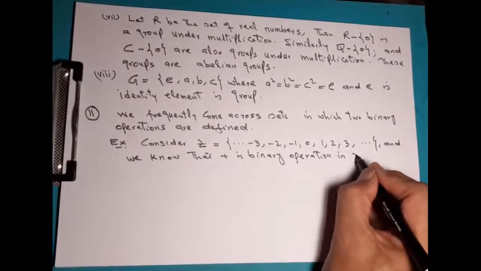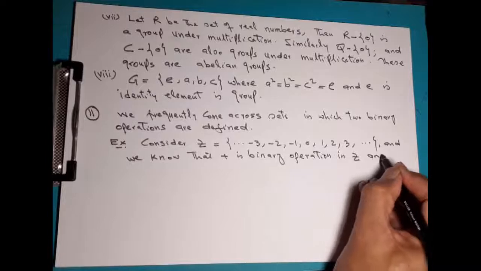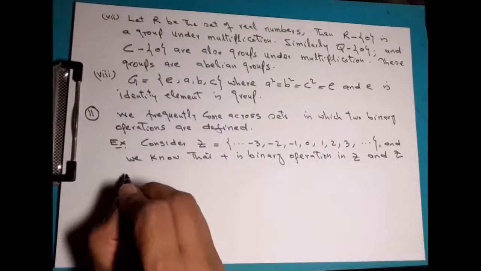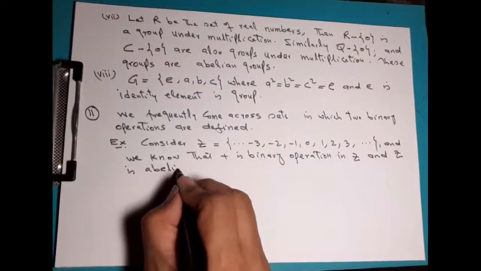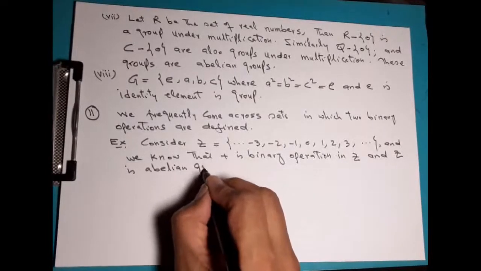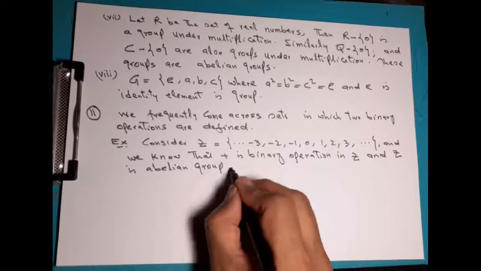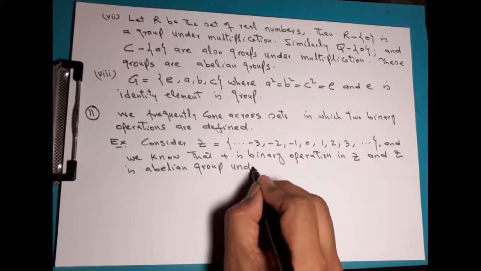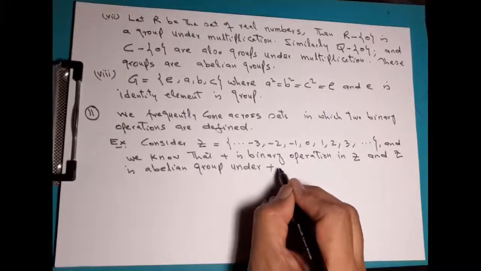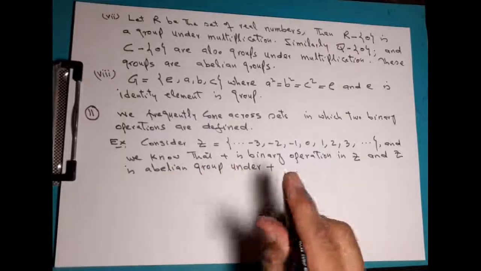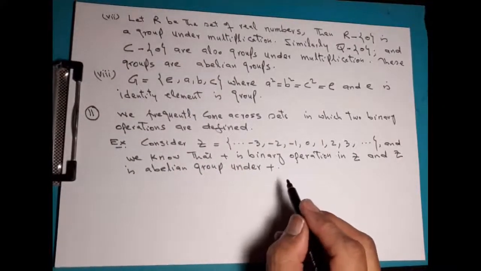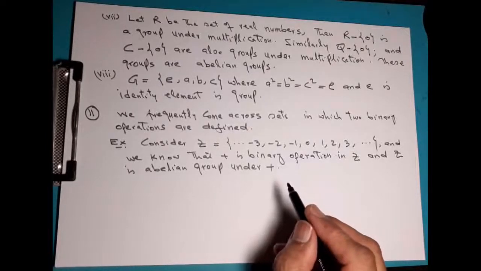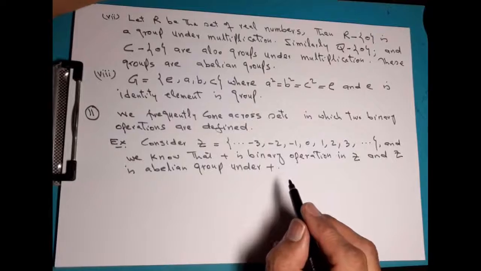We know this thing very well. Addition is in fact defined, and Z is an abelian group under addition.